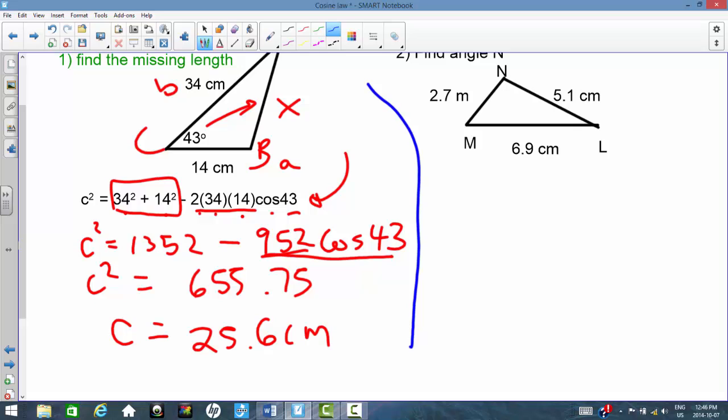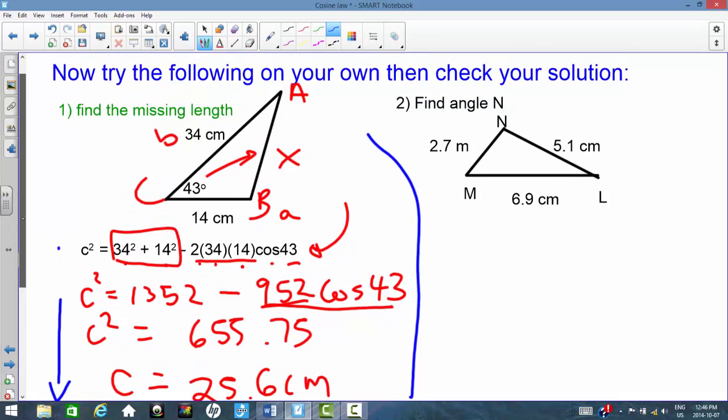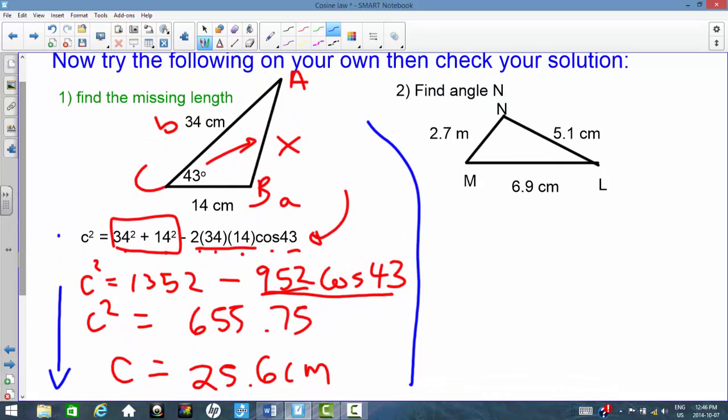Okay, so that's that. The first step was to substitute into the equation and then solve just by simplifying as we go down. Now in number 2, we're trying to find the angle. So this is just the same question, but using the formula to find the angle. We're trying to find this angle here, n, and I'm given 3 sides. So I know when I'm given 3 sides, I need to use the cosine law.